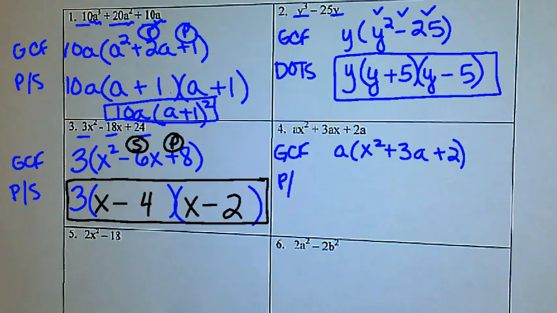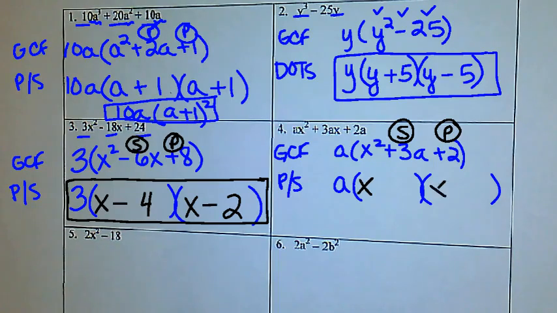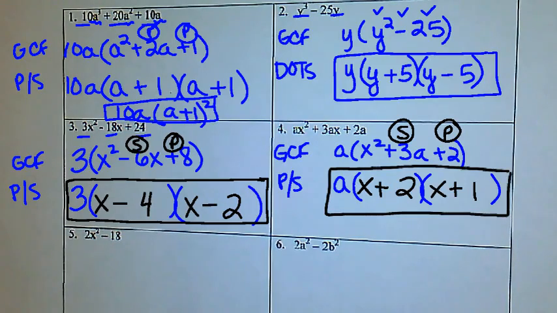And again, I'm going to use my product sum. So again, what multiplies to 2 and adds to 3. Luckily, there's only one set of factors of 2, and they work. All right, keep it going.